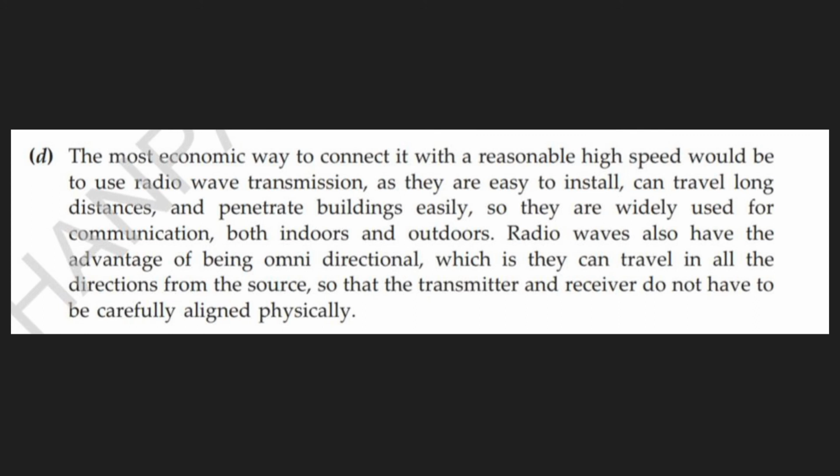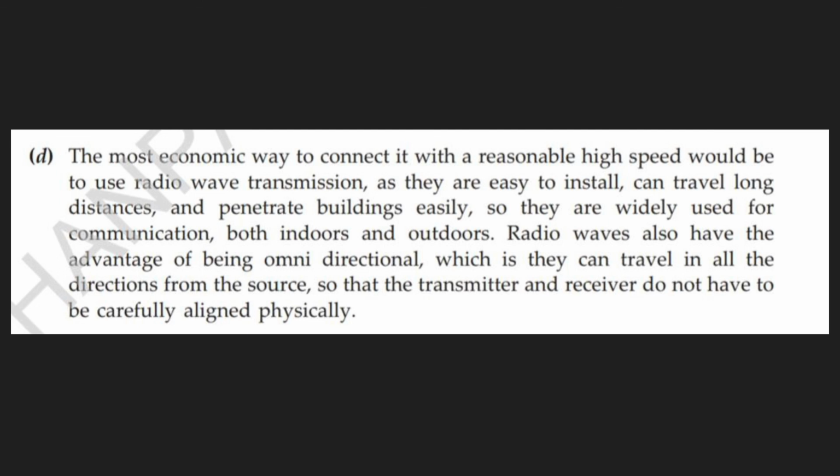The fourth one was about the condition. If the company wants to link their buildings with the front office, which is in the hilly areas, and cable connection is not feasible, what do we have to do then? If the front office building is far, we have to find an economically good and reasonably high speed way to connect the front office.